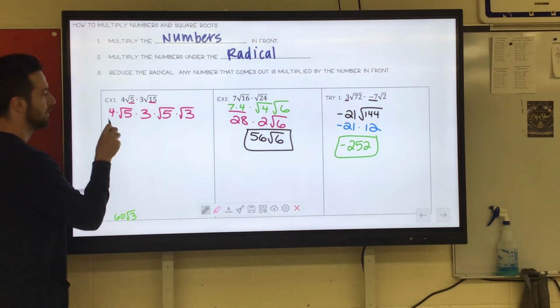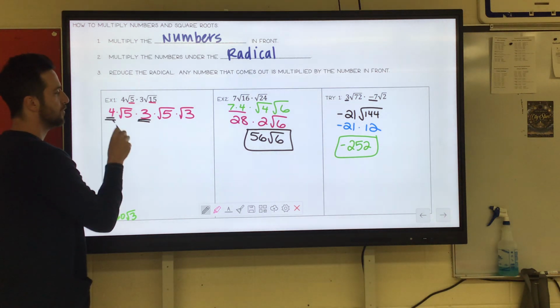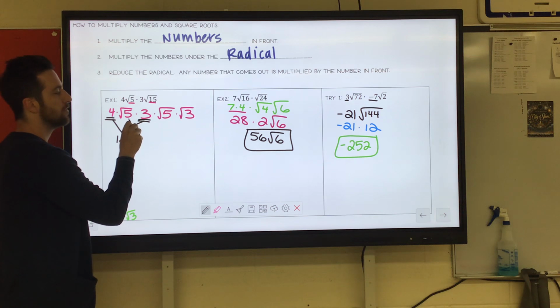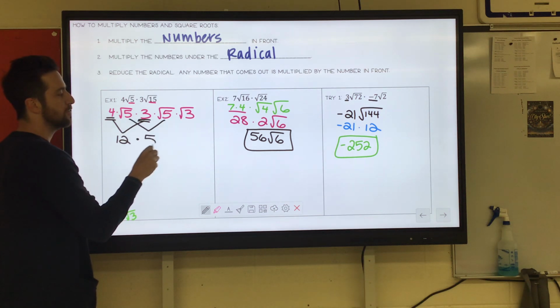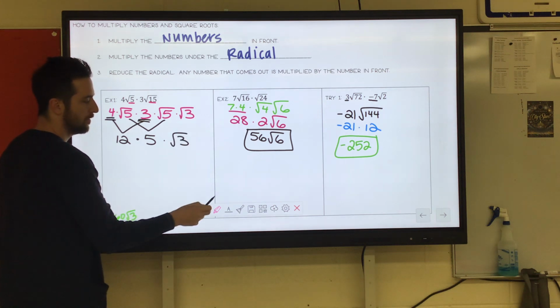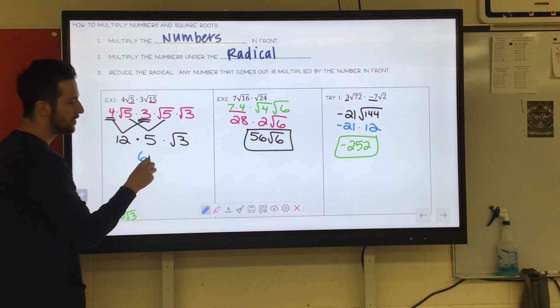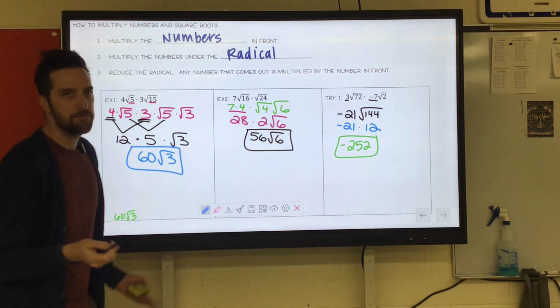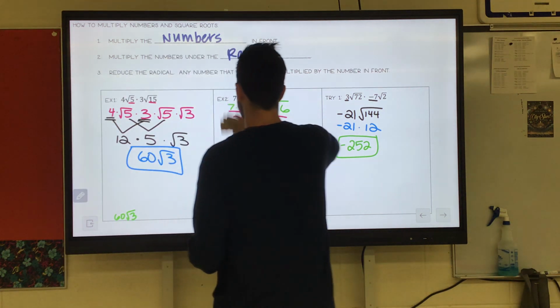Now, we can multiply 4 times 3 is 12. And then we can do my trick. The square root of 5 times the square root of 5 is just going to be regular 5. And then we'll bring down our root 3. 12 times 5 is 60, root 3. Awesome, right?